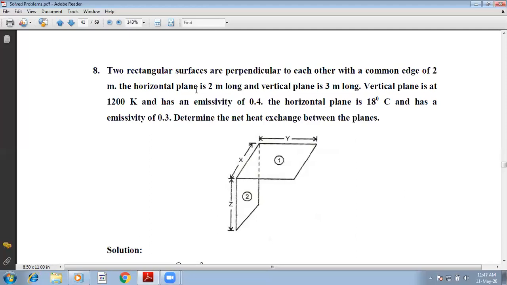Two rectangular surfaces are perpendicular to each other with a common edge of 2 meters. The horizontal plane is 2 meters long and vertical plane is 3 meters long.